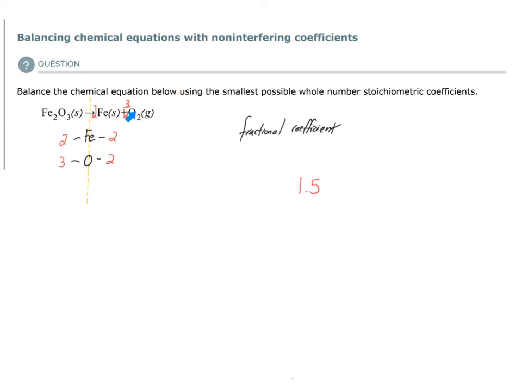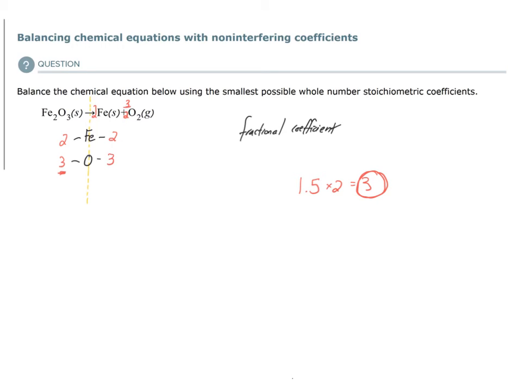If I have 2 oxygen atoms times the coefficient of 1.5, well, what's 1.5 times 2? It's 3, which is exactly the number of oxygen atoms I need to match that side. So now if I recalculate, 3/2 times 2 is 3.